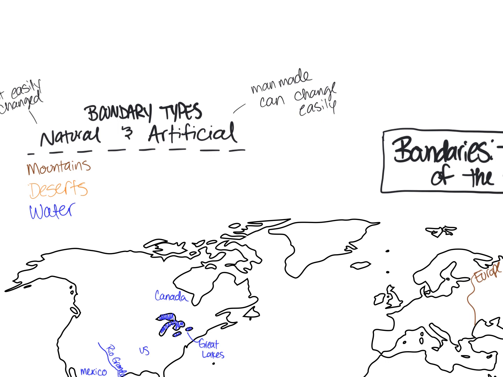You're not going to move where a mountain range is, and you can't change the way a river flows. Those are naturally occurring, whereas artificial borders are created by humans, so there's more room to debate where they are. The first one I'm going to start with is geometric borders.